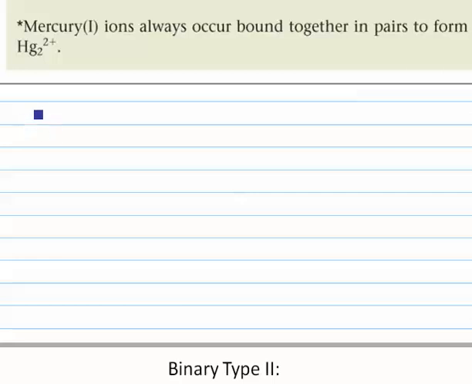So iron can form two different ionic compounds with chlorine. Okay, we can have FeCl3 and FeCl2. Now, these are unique compounds, and we need to come up with a unique name for them.